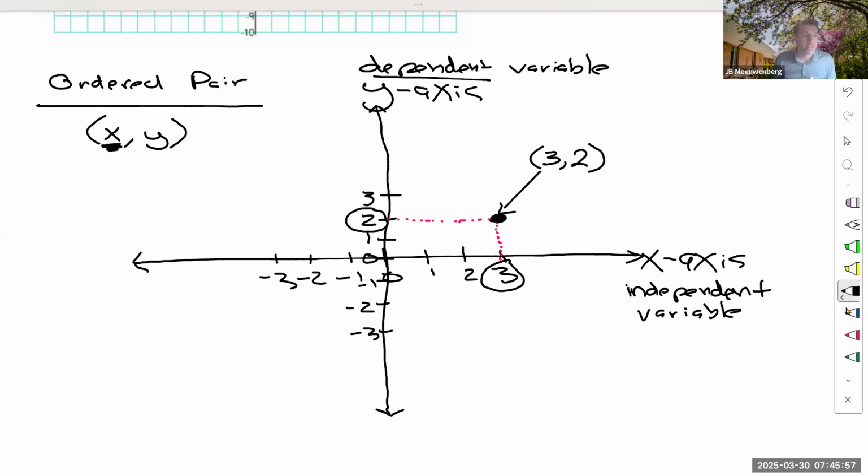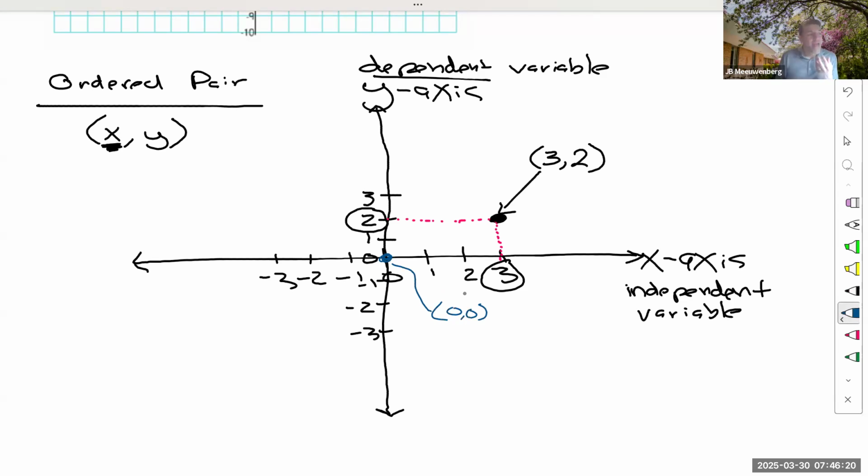Now, there is a special point that has a name. So right in the middle where the x and the y axes intersect, do you know the name of that point? Because it has a name. Well, first of all, what's its coordinate? What's the ordered pair that identifies that point? It's 0, 0.